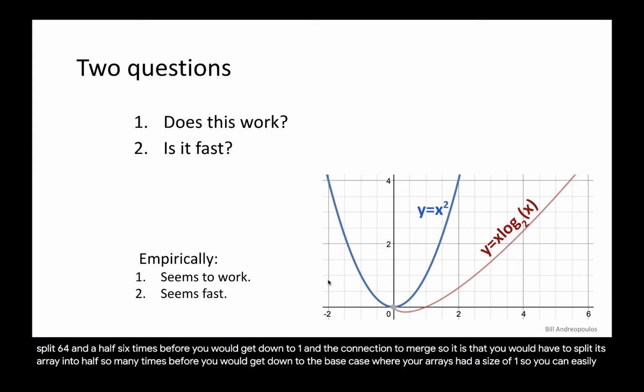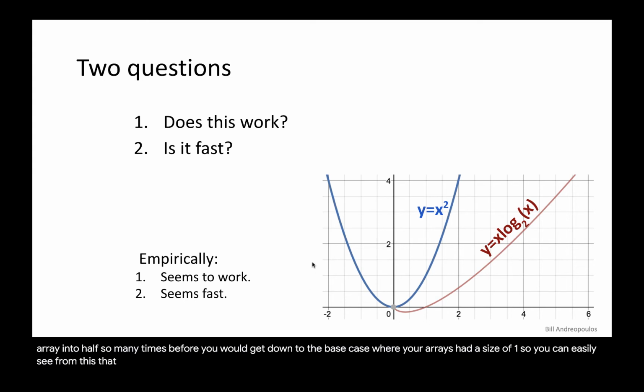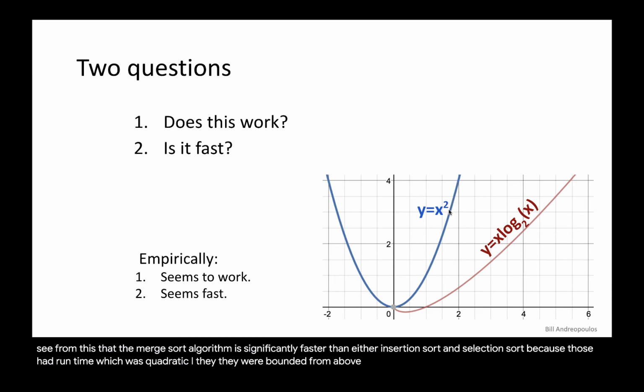So you can easily see from this illustration that the merge sort algorithm is significantly faster than either insertion sort or selection sort, because those had runtime which was quadratic. In other words, it was bounded from above by the function of x to the power of 2, where x was the size of the input dataset.